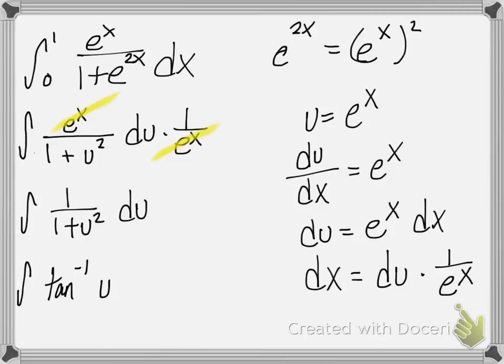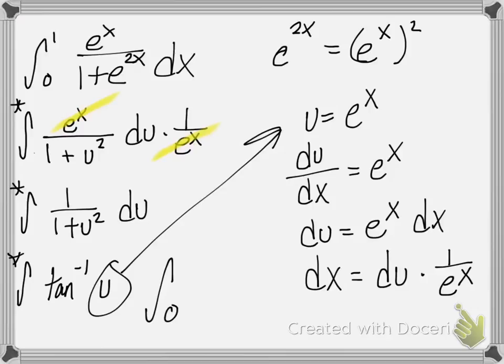I just put a little asterisk since we know we still need to have our interval for the integral there. And so whenever we sub in our u, we get the integral from 0 to 1 of tan inverse or arctan of e to the x.